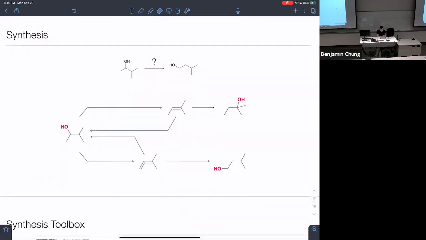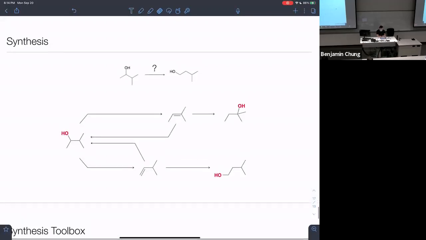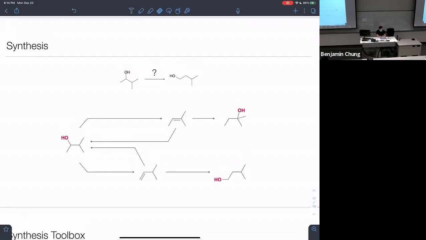Okay, so we can go through an analogous sequence of events with alcohols as well. So if we want to generate this alcohol from this starting alcohol here, can you imagine an alkene intermediate that we can go through to get there?